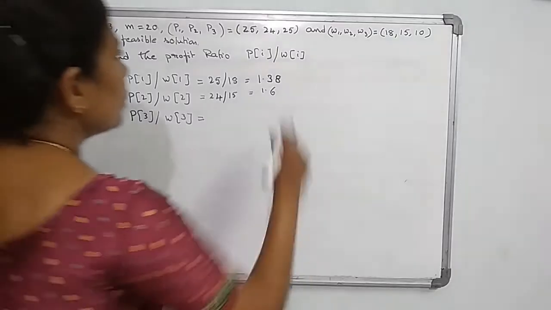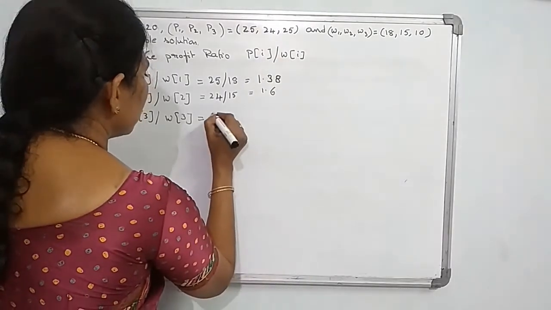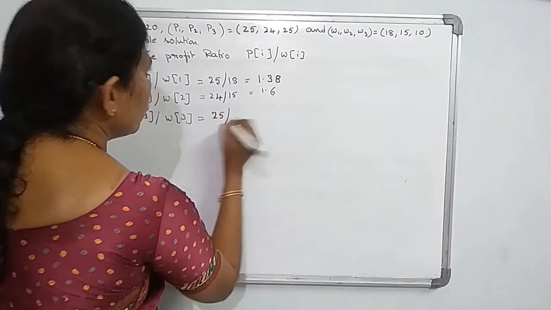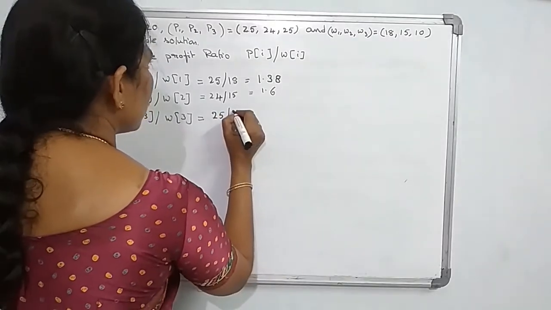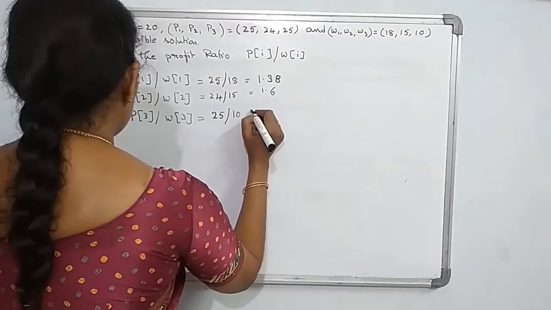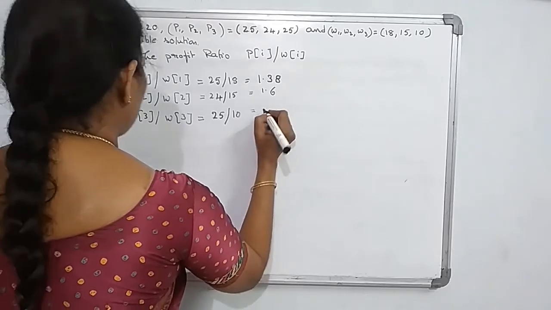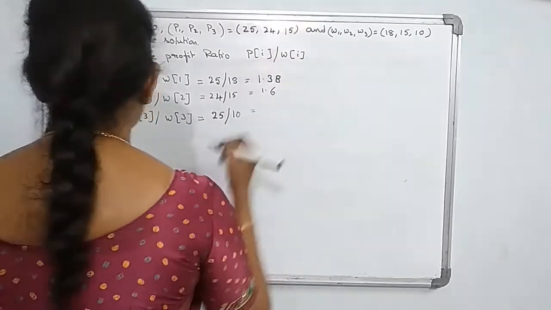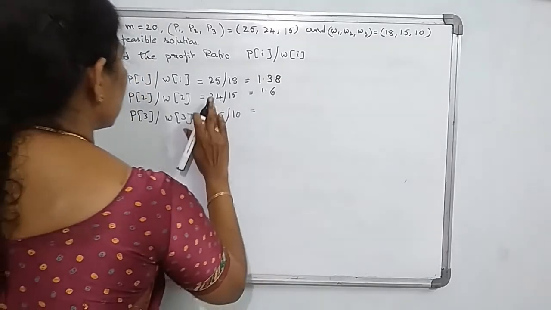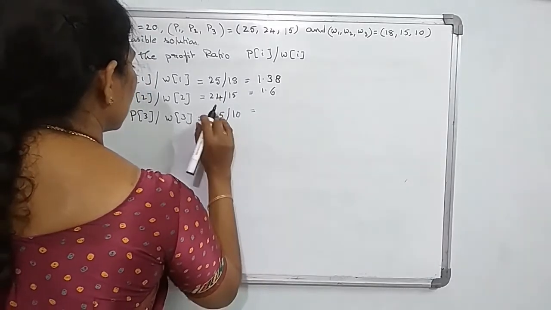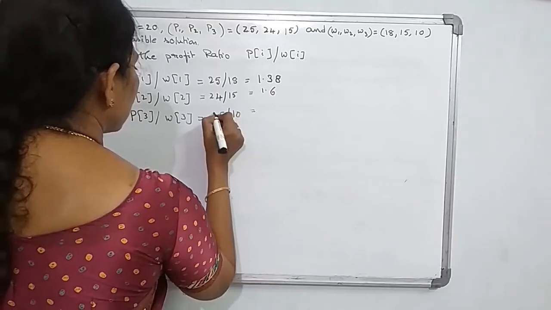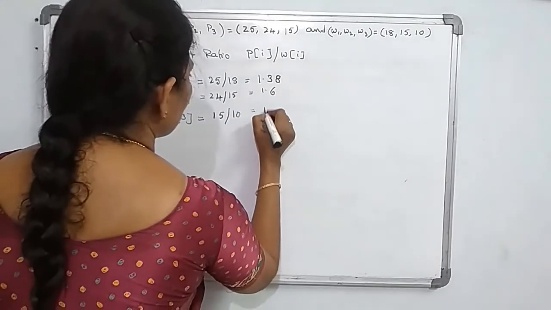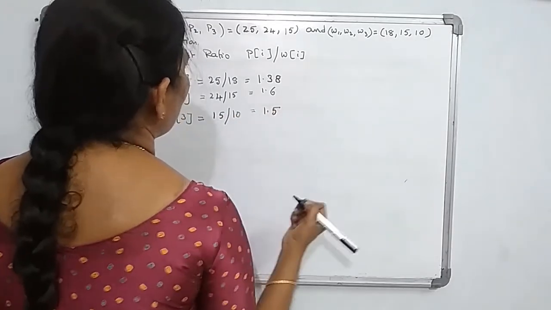P of 3 means 15 and W of 3 means 10. So 15 by 10 comes to 1.5.